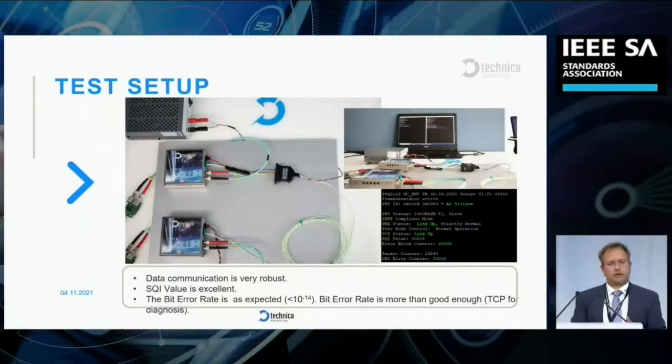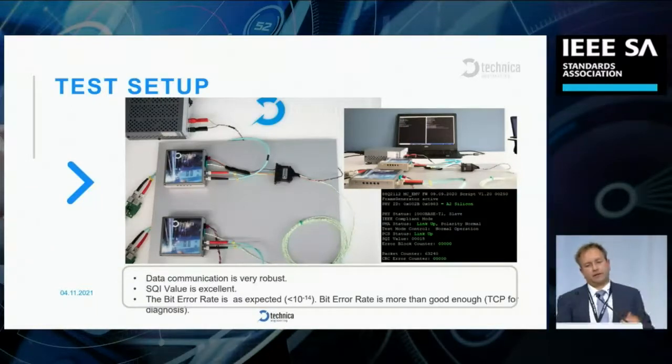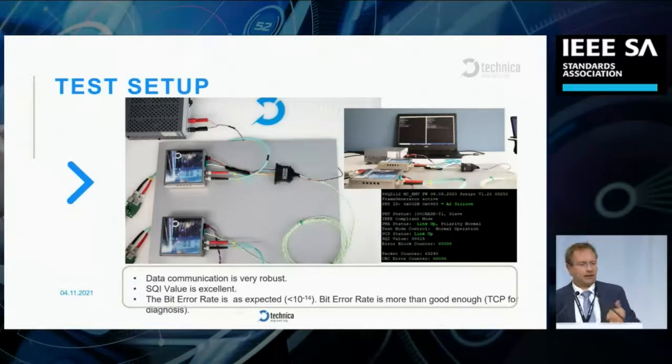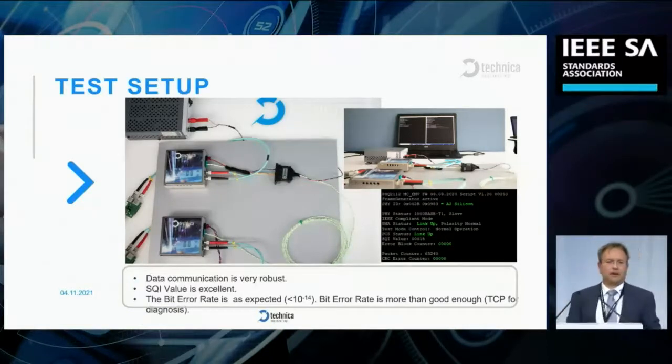The data communication is very robust, the SQI value is excellent, and the bit error rate, as expected, is down to 10^-14. If you rent this modular system, you can use it. If you find a bit error or CRC error, I pay you a beer.